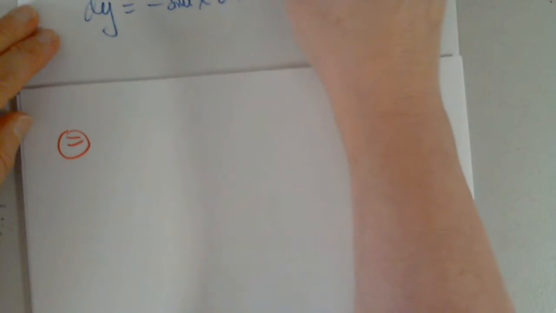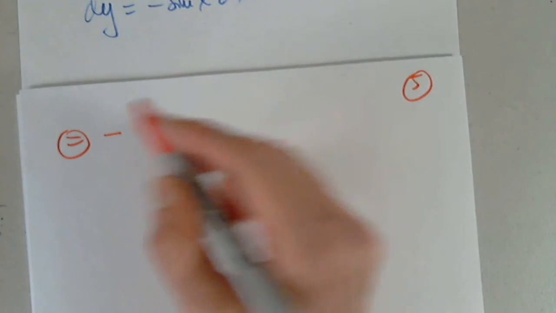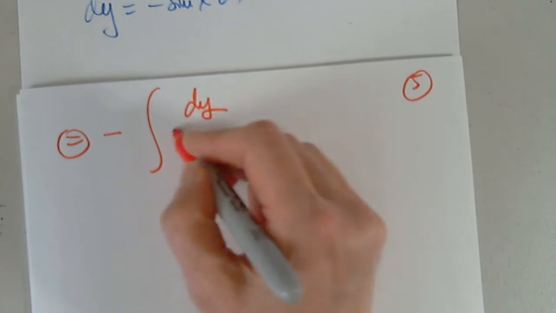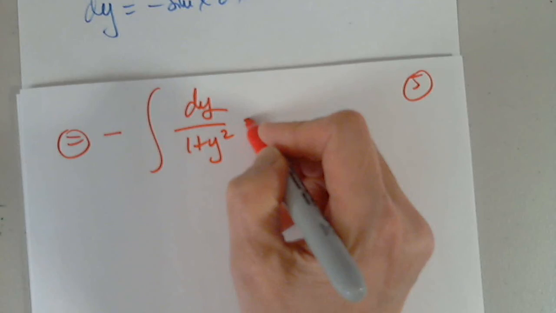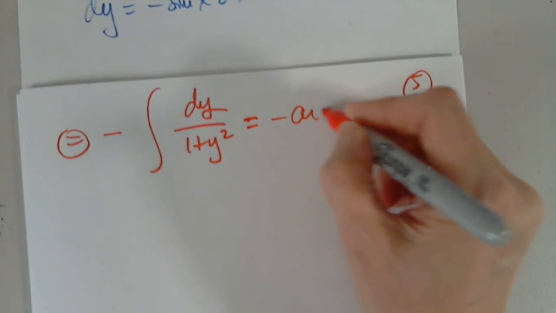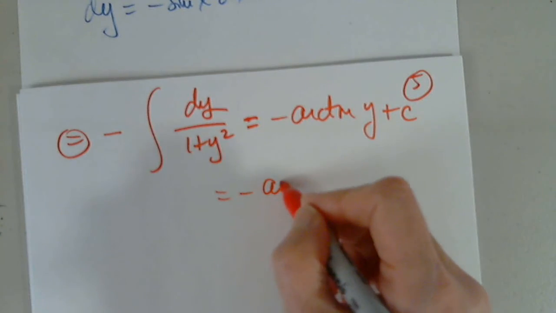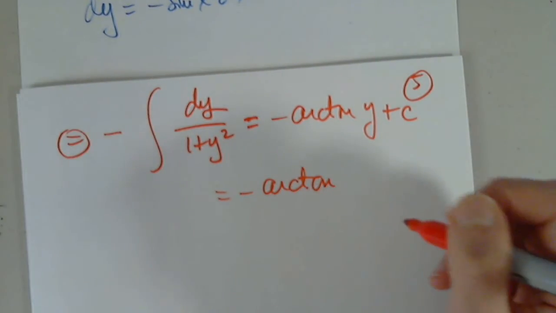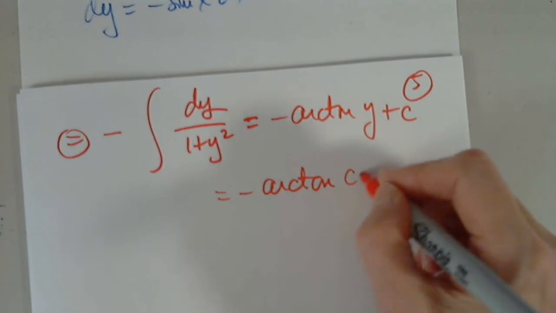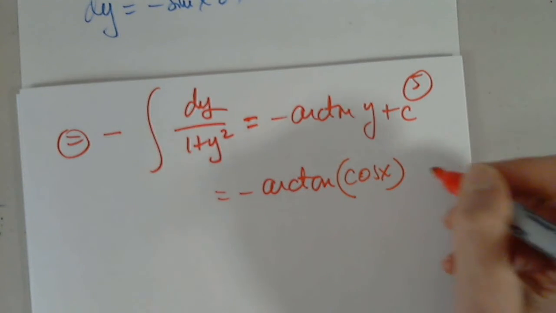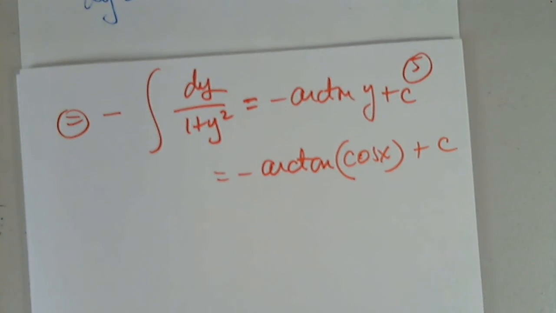So from here, negative the integral of dy over 1 plus y squared. Same thing, arctangent y plus a constant c, or minus arctangent, go back to y, which is cosine x, plus a constant c.